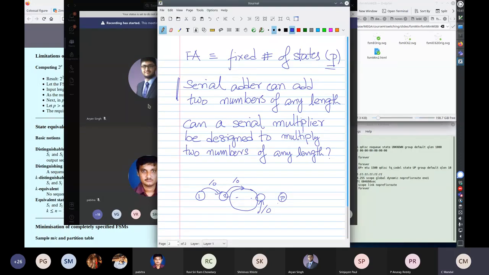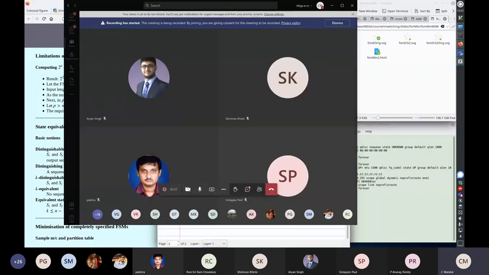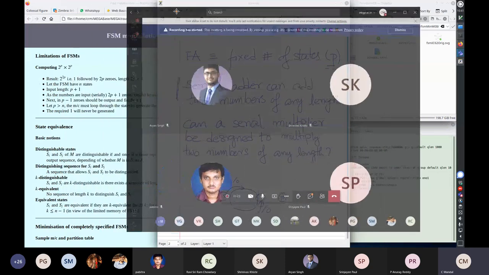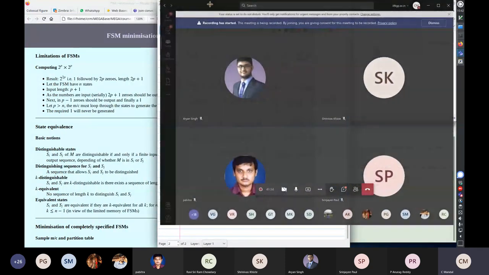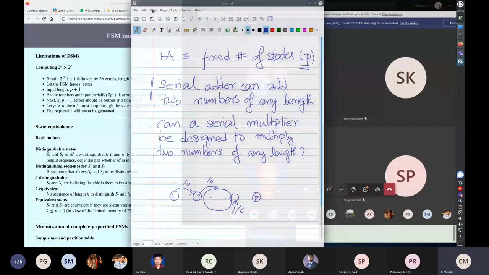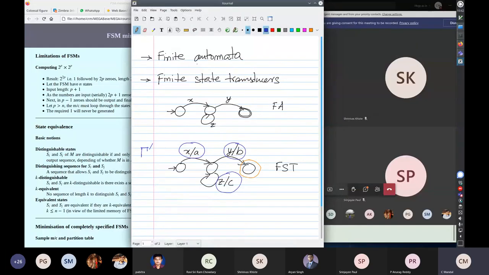Anyway, this is an important aspect which you should remember. Note that what we just saw some time back, these two are computationally equivalent.